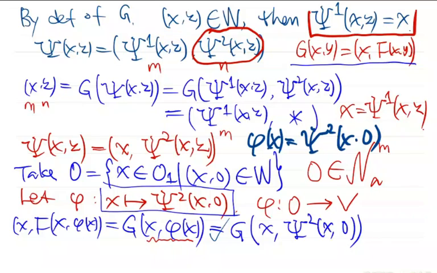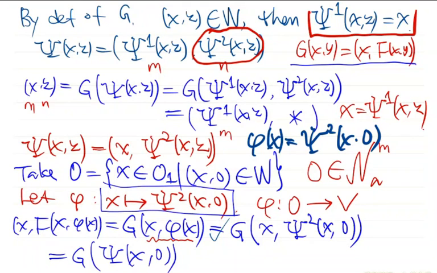But x phi x is precisely G psi x0, right? By the definition of psi, by the analysis of psi, we also know that the first m component of psi is the identity map. It is x here.